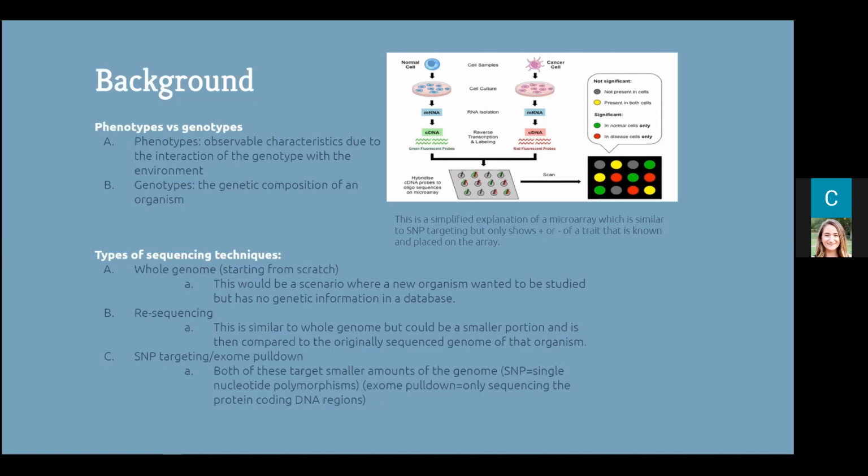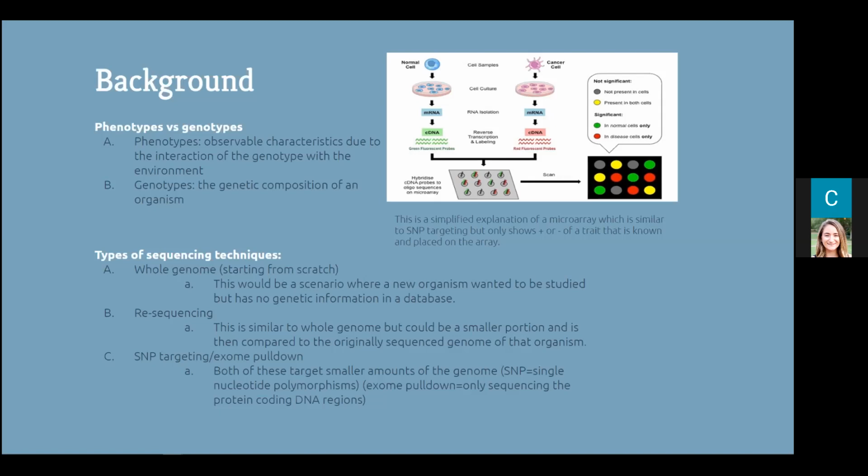So to talk about some of the types of sequencing, to start off, there's whole genome sequencing, which is generally from scratch. So in this situation, you've got a new organism and it's being sequenced from start to finish, and you're using that genome in order to do some sort of research or just for future knowledge.